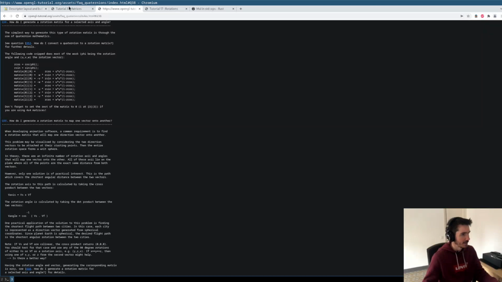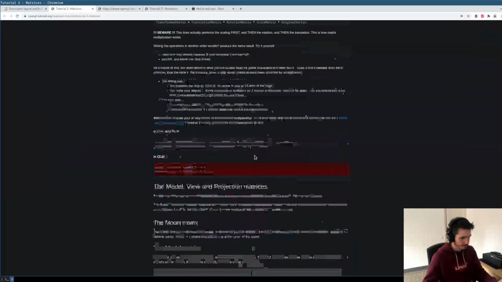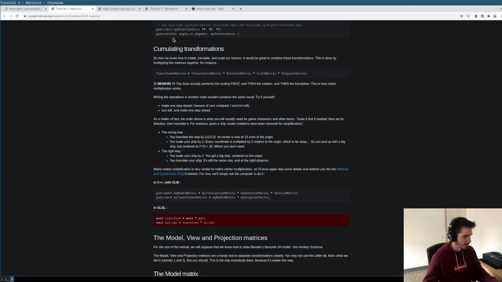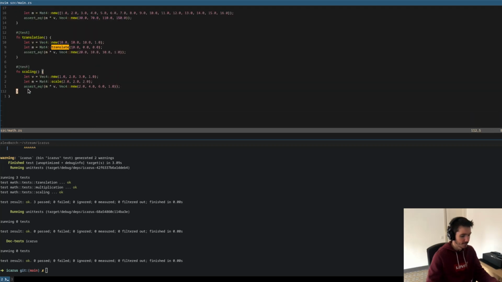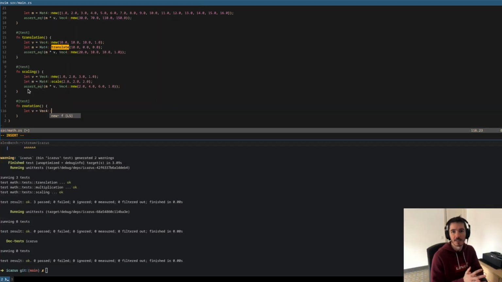Do they provide an example of this rotation? No, they just go to the model view and projection. So let's add a test for this. Let's see if we get the expected answer. Rotation, translations, okay. Let's have a vector be just a vector looking to the right.